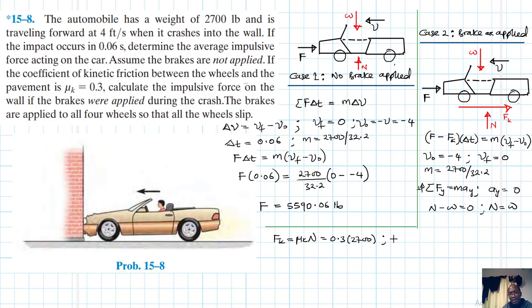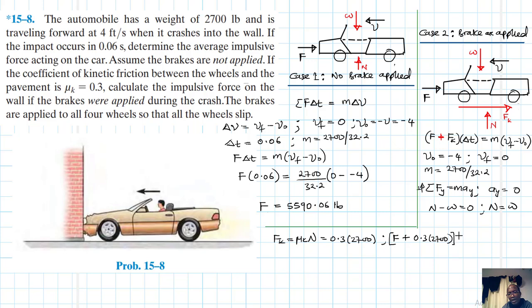So now let's plug everything in. So we have this is in the same direction. This one here is not minus, it's in the same direction. This is plus. Right, so F plus 0.3 by 2700.